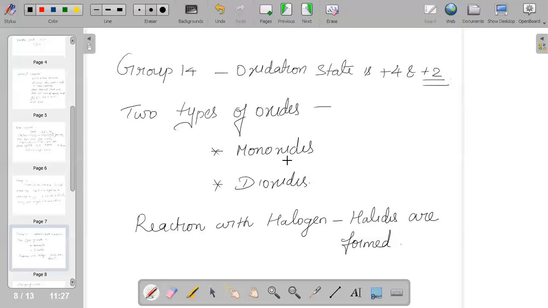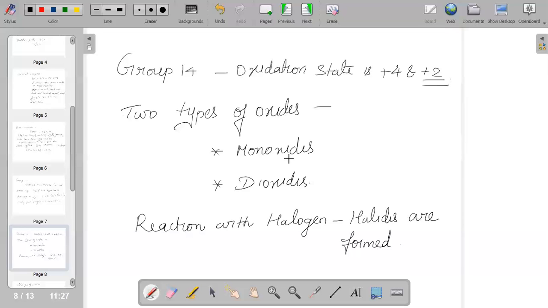When we talk about the oxides, that is, how these elements react with oxygen: they are non-reactive at first, but reactivity keeps increasing down the group because of the decrease in ionization energy. In reactivity towards oxygen, they form two types of oxides, monoxides and dioxides.